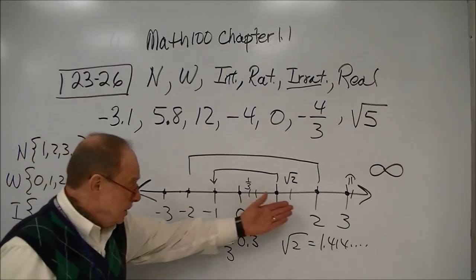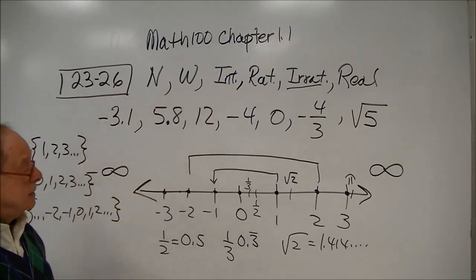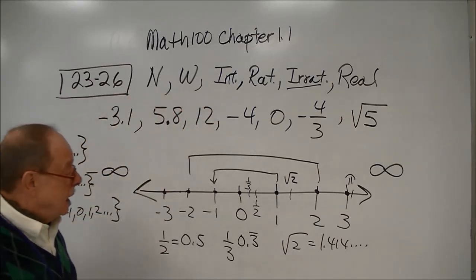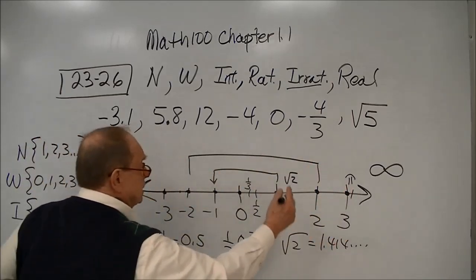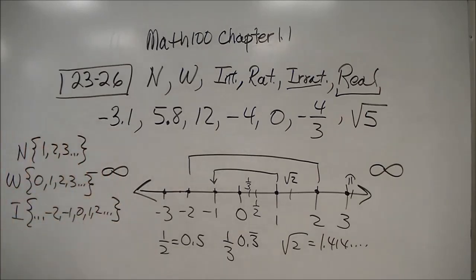So some of these numbers are in various categories, but all of the numbers are what we call real numbers. They are on the number line, and those are the numbers we'll be dealing with in this course. So there's a little brief review, and now we want to identify.